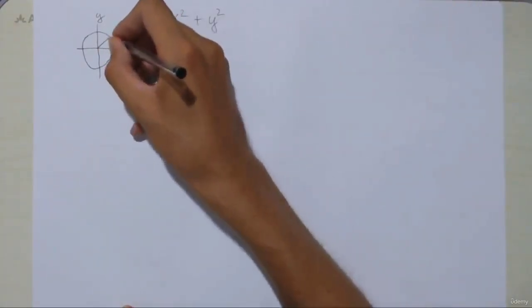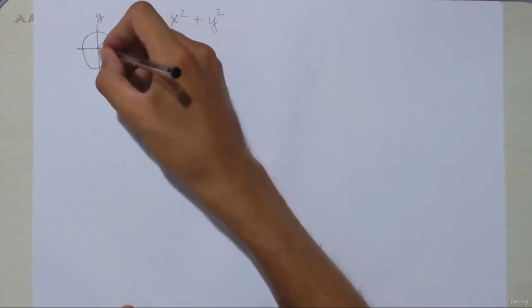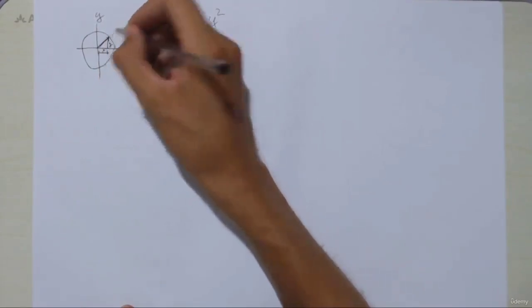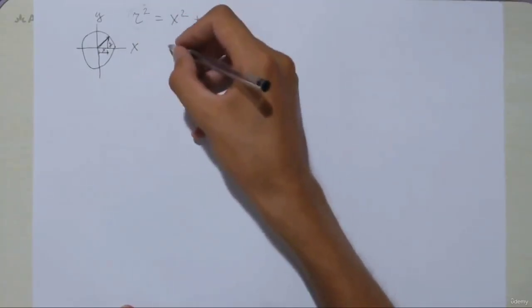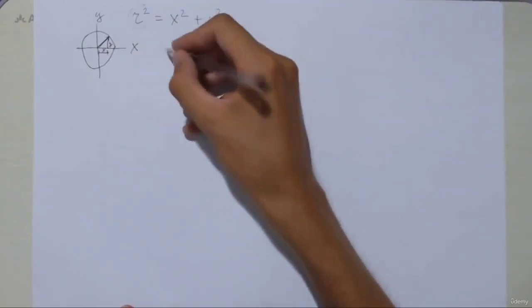That's because, let's say if you draw a radius here, then you would have some kind of y here, and then you would have some kind of x here, and you would get this radius using the Pythagorean theorem, which is the same thing.